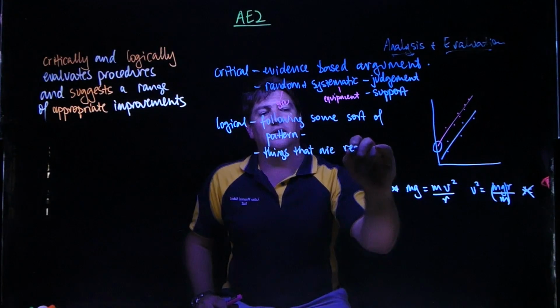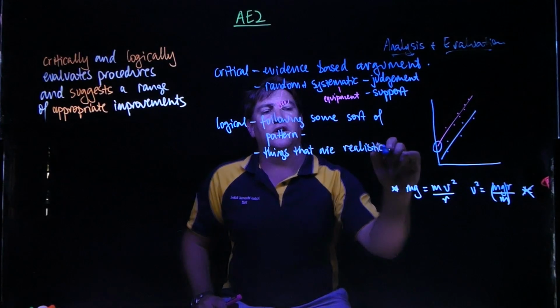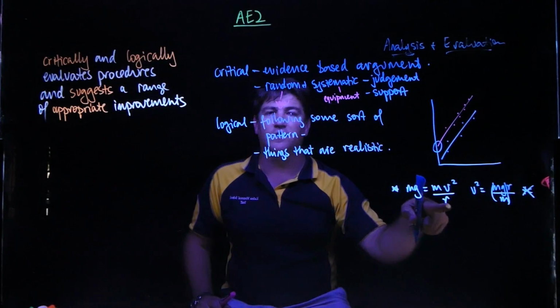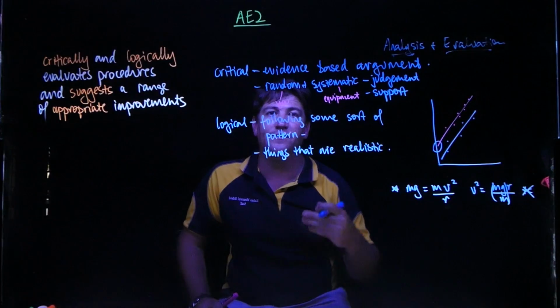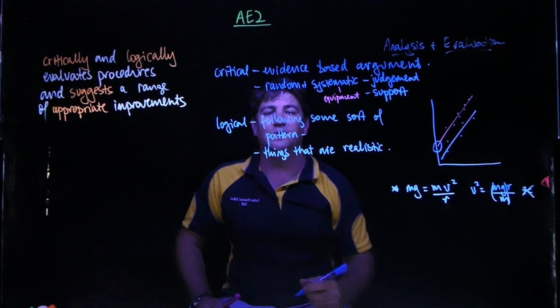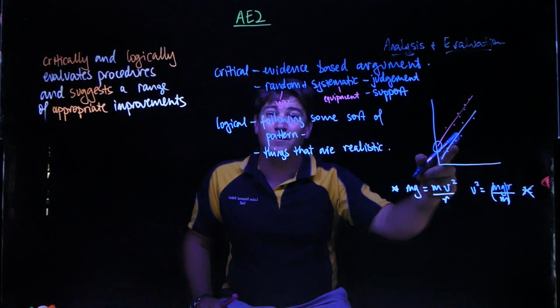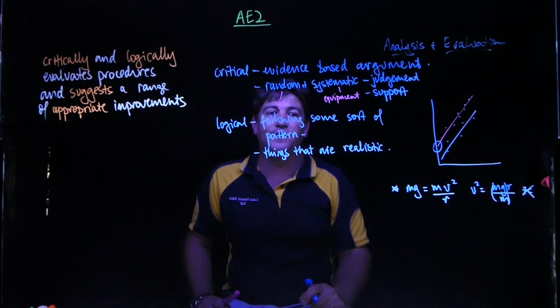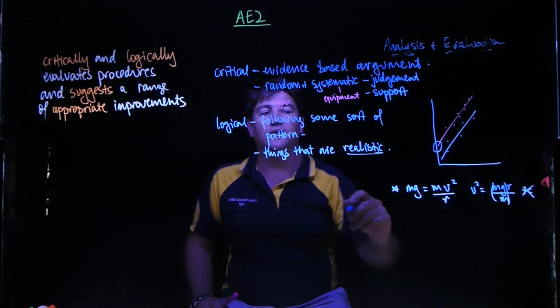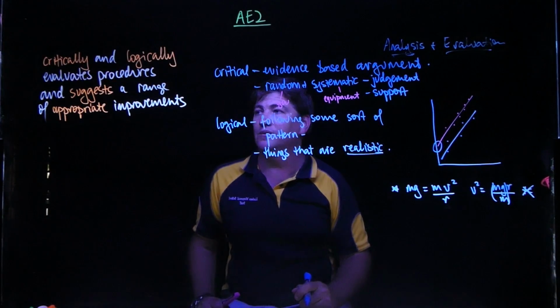Let's put it that way. So it might be, you're timing the revolutions in this experiment for 10 times. We might say, oh, let's do it for 100 because that'll reduce the impact of random error. Well, okay, is there much random error? Will that 100 revolutions actually do that much to your data? No, it won't. So why would you bother doing it? It's not realistic to do that sort of thing.